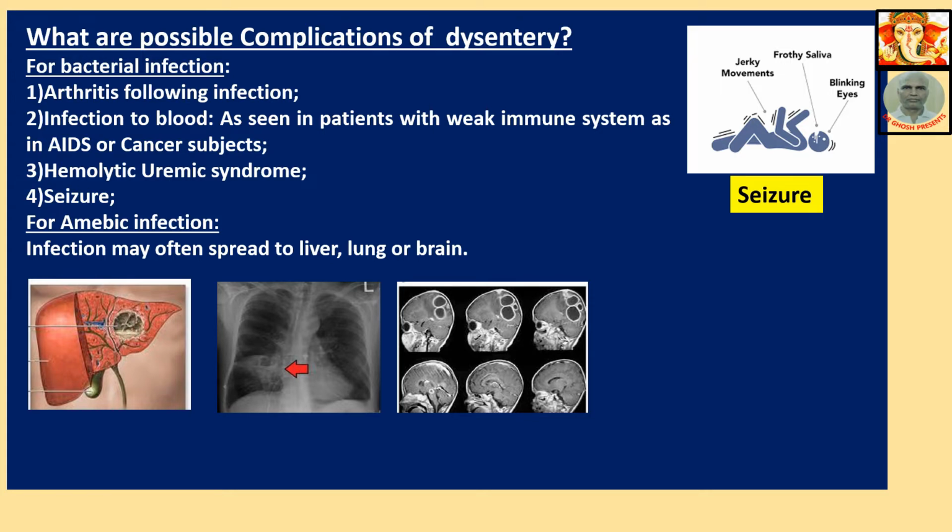Amoebic infection often spreads to liver, lung, brain. This is a very serious type of problem. You see this picture. The parasitic amoeba has penetrated into the tissue of the liver, or has come into the tissue of the lung, or has moved to the brain.